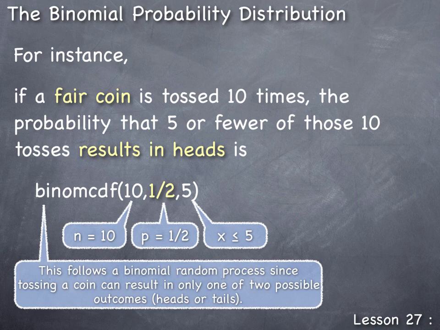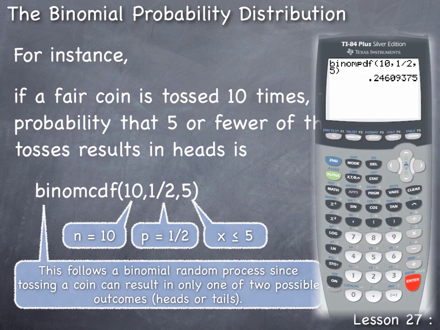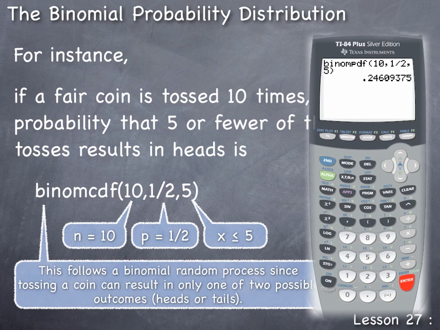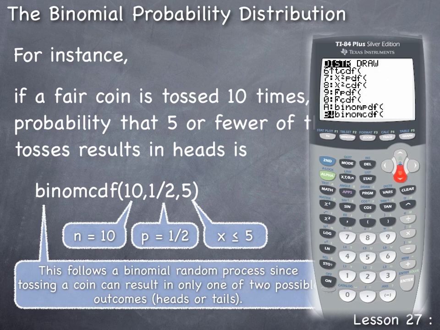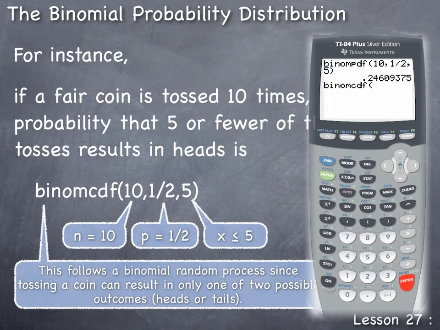So now this command can be entered into the TI-84 calculator. The binomcdf command is found in the distribution menu. We get to that by pressing second, DISTR. Then we arrow down till we find the binomcdf command, and with the cursor next to the binomcdf command, we press enter to select.